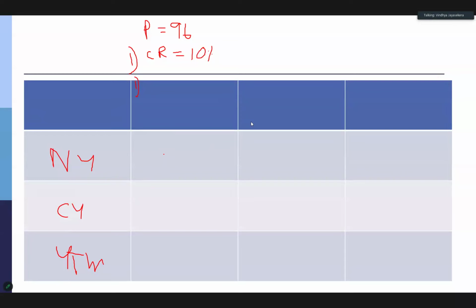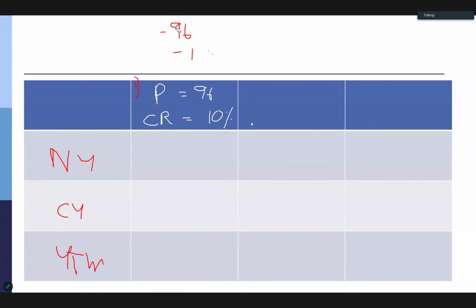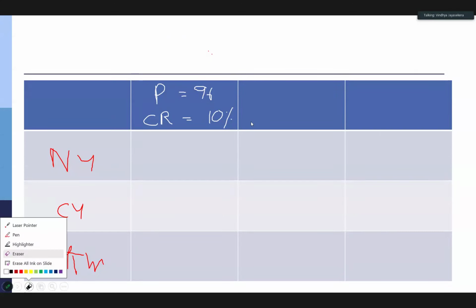What was the nominal yield? Yesterday's sum. Yeah, guys. How much is it? Nominal yield yesterday we calculated 10%.